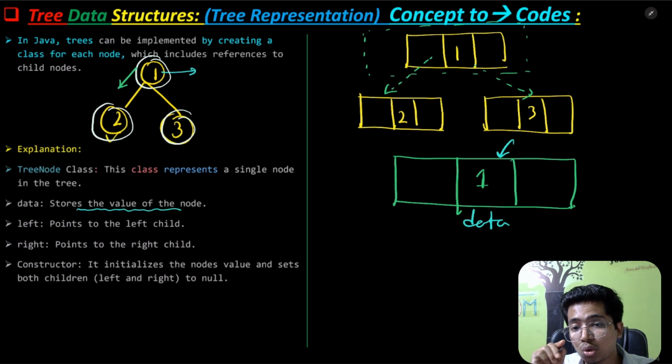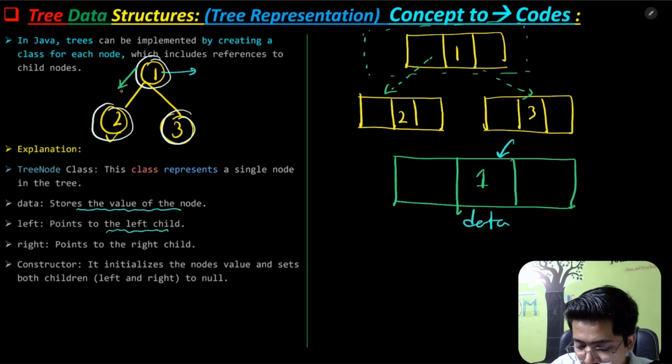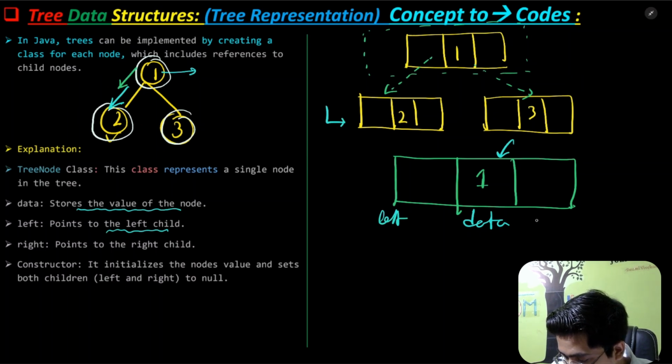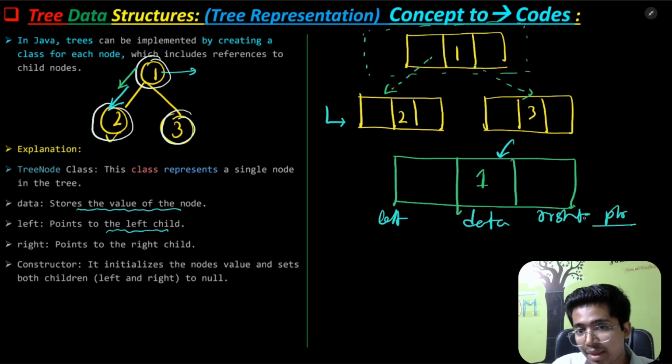A pointer stores a memory address. The left pointer points to the left child, and it stores the memory address of the left child. This is the left pointer, and that is the right pointer. How we actually create those pointers is the main thing.